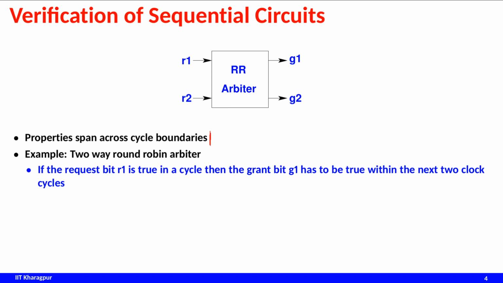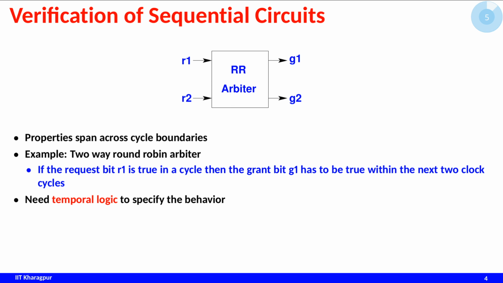So maybe the person who has designed this can say that it tries to support this property: if the request bit R1 is true in a cycle, then the grant bit G1 has to be true within the next two clock cycles. So that is the property.